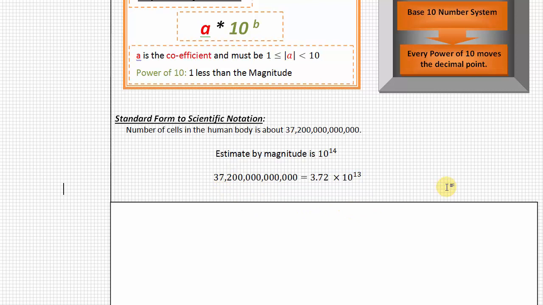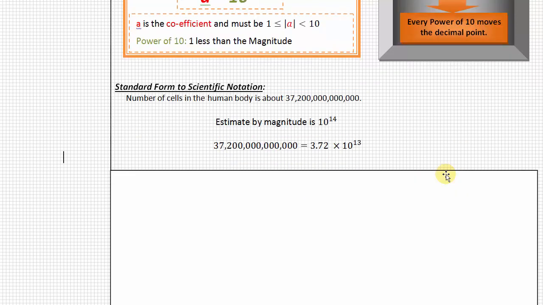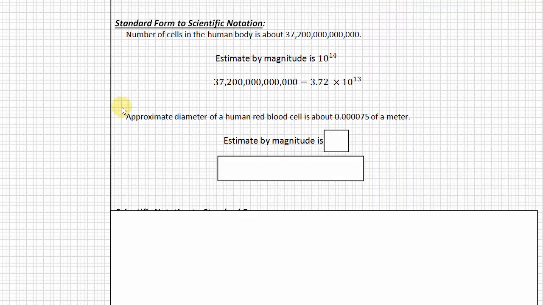Let's take a look at another one. So it said the approximate diameter of a human red blood cell is about 0.75 millionths of a meter. Tiny. So again, to help us translate from standard notation into scientific notation, we want to first estimate this as its magnitude.